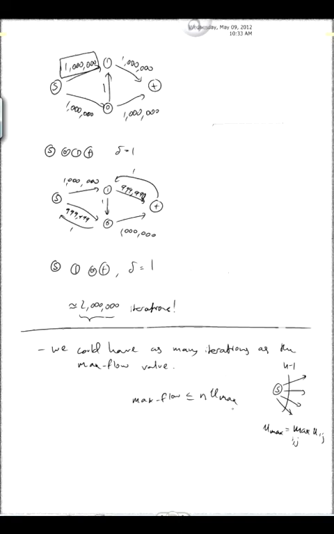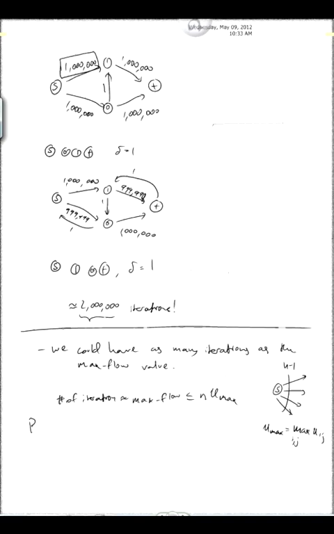You can think of this as an independent upper bound, the same way that n times C max was an upper bound on the shortest path length. So n times U max is the biggest that the max flow can get, and so the number of iterations could be as big as n times U max.